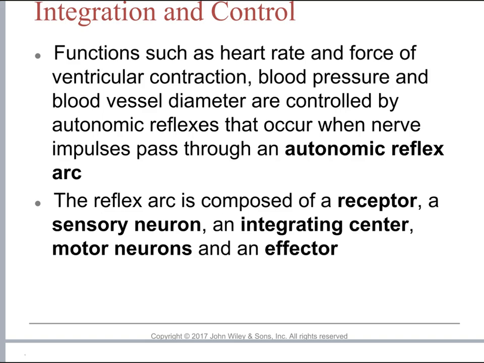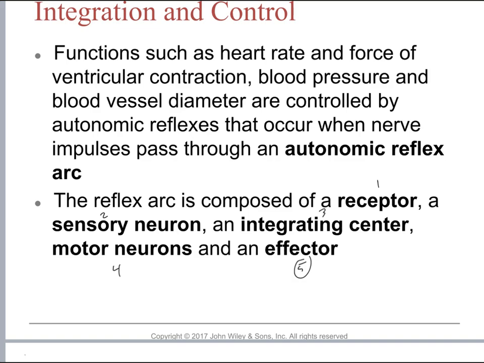Now, the reflex arc is composed of 5 steps. Number 1, a receptor. 2, a sensory neuron. 3, an integration center. 4, a motor neuron. And 5, an effector. We will spend some time later on in our next lectures discussing and detailing the 5 steps of this reflex arc.